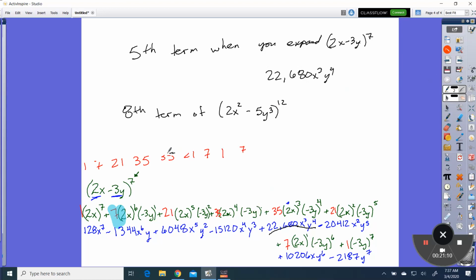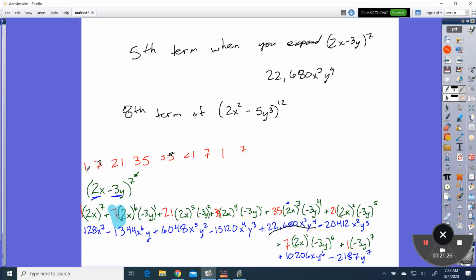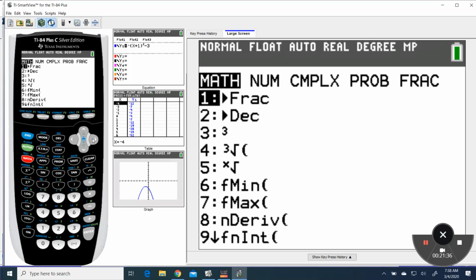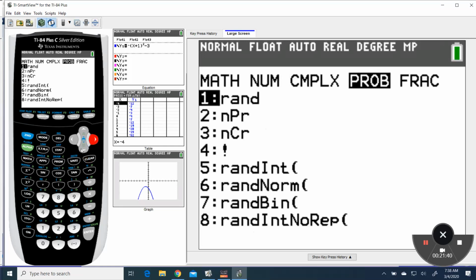First things first, you all have a calculator? So on your calculator, let's try a few things. This is the 7th row, right? So if I go to my calculator and I hit math and I go over to probability and I go down to where it says nCr and hit enter.